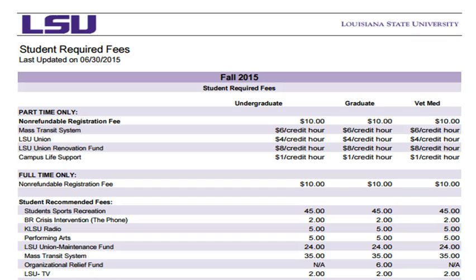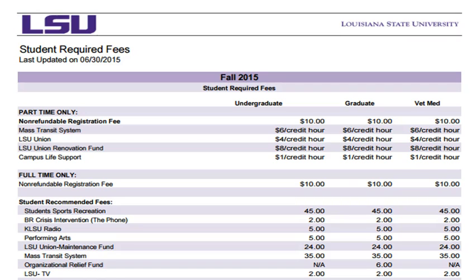Now for the fees, we see at the top it says part-time only, and this isn't the exhaustive list of the student required fees. It's just an example of fees that students have to pay, and some fees will be the same for colleges and then some will be different. Okay, so looking at the full-time, there's a full-time students only non-refundable $10 registration fee.